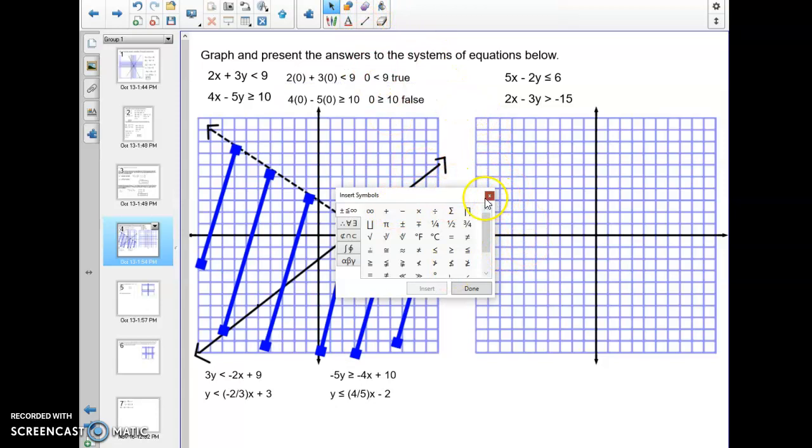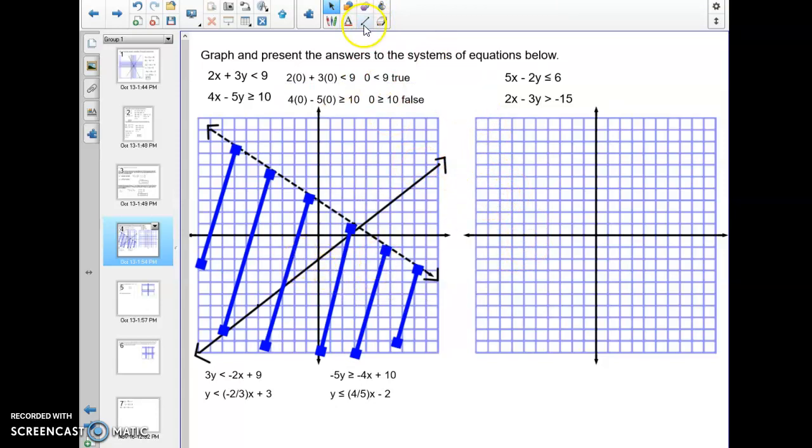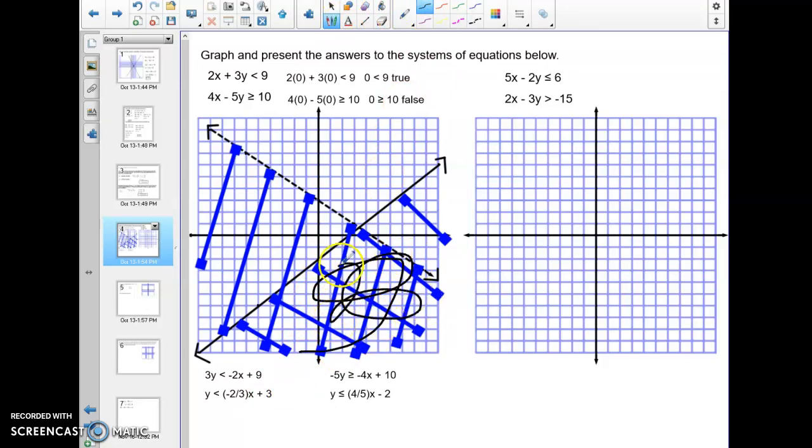So now I'm going to shade away from 0, 0. So I'm going to shade this way, away from 0, 0. And this right here is the answer. It's the double shaded region, right in this here area. There we go. Okay. And that's your answer.